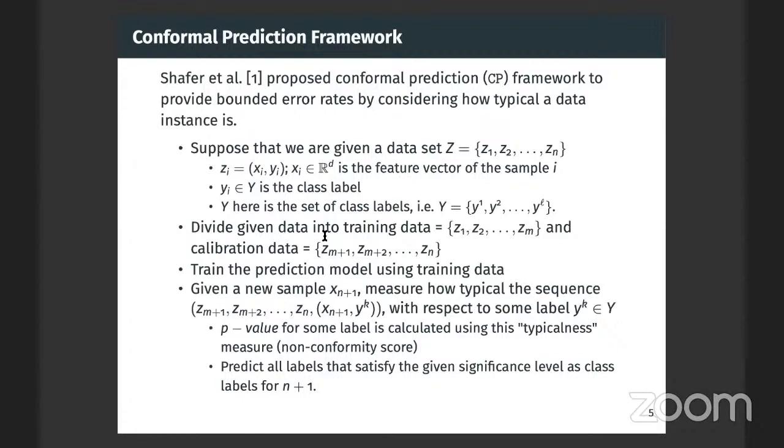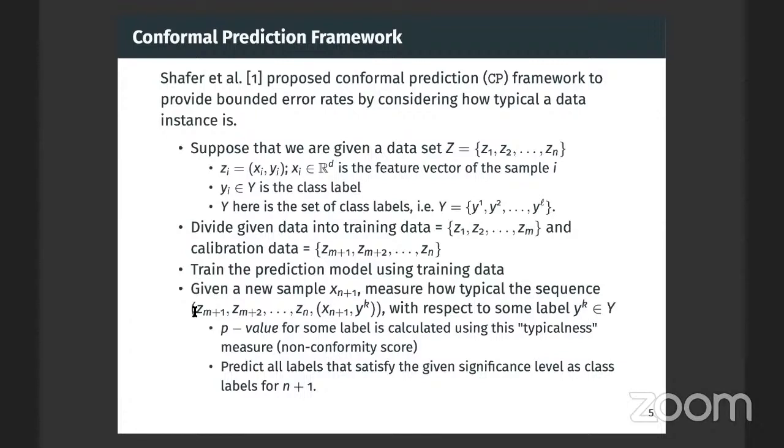With respect to the calibration data set, say we have a new example that we need to assign a label to. With this new example, we consider all possible labels it can take, and we look at how typical the sequence looks with respect to the calibration data set for each label.